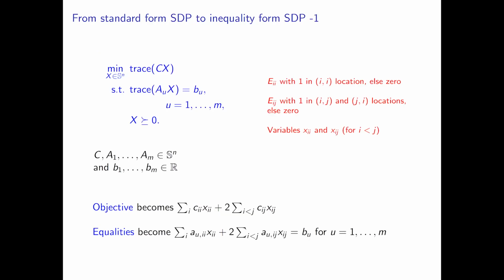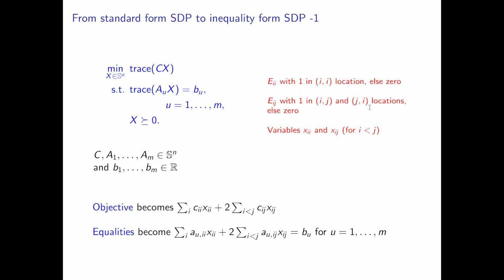Now you raise the question of how to convert standard form into inequality form. That's a bunch of algebra. If you have something in standard form, you introduce some basic matrices, which are denoted here in red. E_ii is a square matrix which has got 1 in the ii location. It's supposed to be symmetric, so it's already symmetric because it's diagonal.